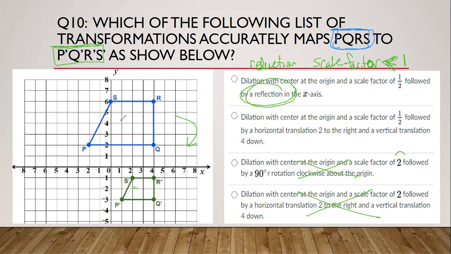It would look like it had been mirror reflected. But if I take a look at my shape here, I see that this point P is still pointing at the bottom here. If I had a reflection, this would look more like something like this, because I would mirror reflect it across my x-axis. So it would be a mirror reflection down. Instead, it just looks like it's been moved down.